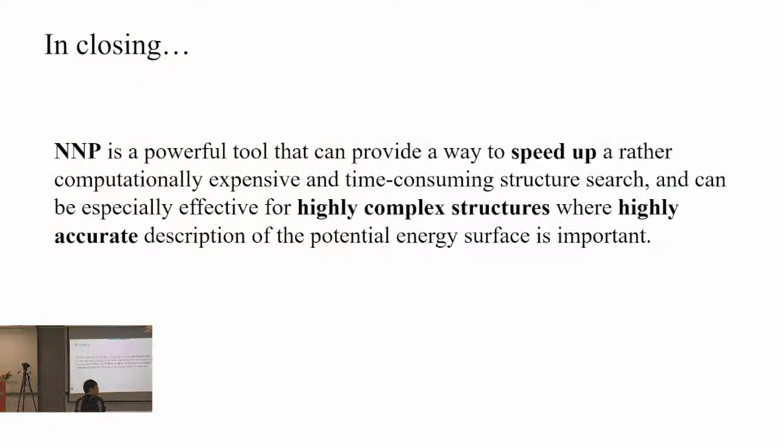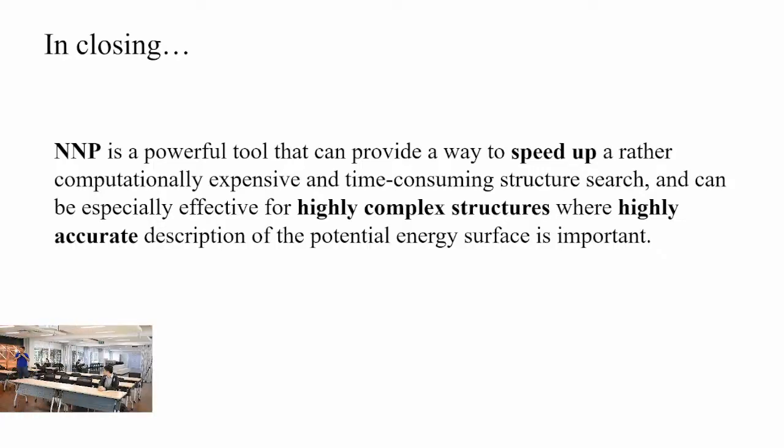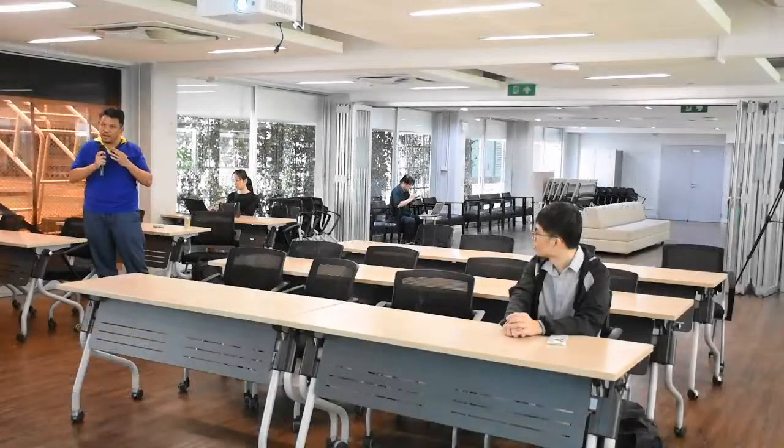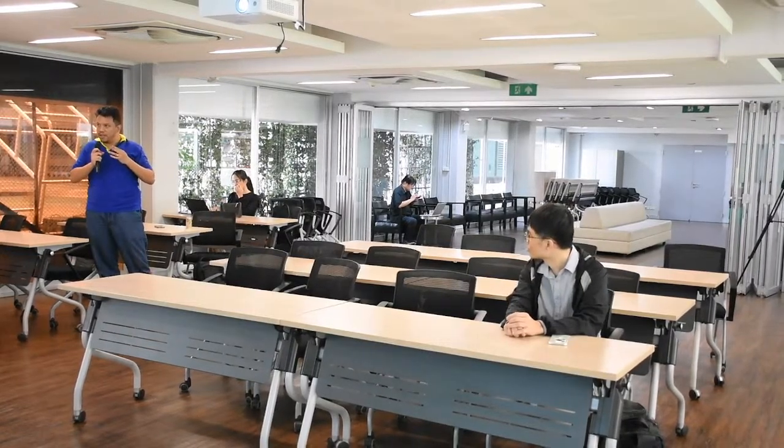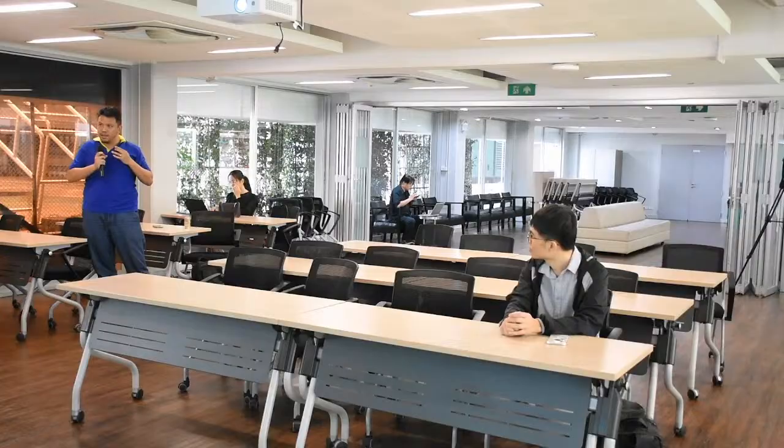Let me ask you about the speed, right? I have seen the workflow and some of your examples where you train the NNP model from glycans or peptides. Okay, we can train the model using a lot of conformational samplings of small molecules and short peptides.